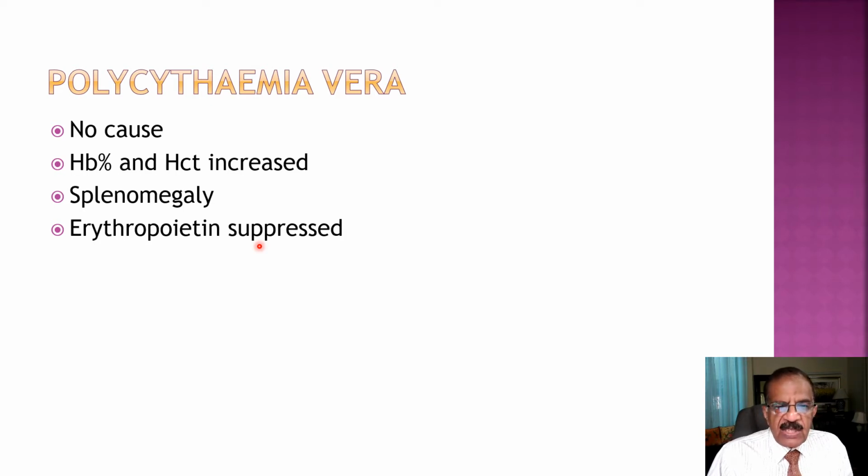In fact, it is the erythropoietin which stimulates bone marrow to produce more RBCs as an attempt to correct hypoxia. That is the pathogenesis of secondary polycythemia. So in these patients, erythropoietin would not be elevated, and it may be suppressed. If you find the erythropoietin level to be low, that would be one point in favor of polycythemia vera.